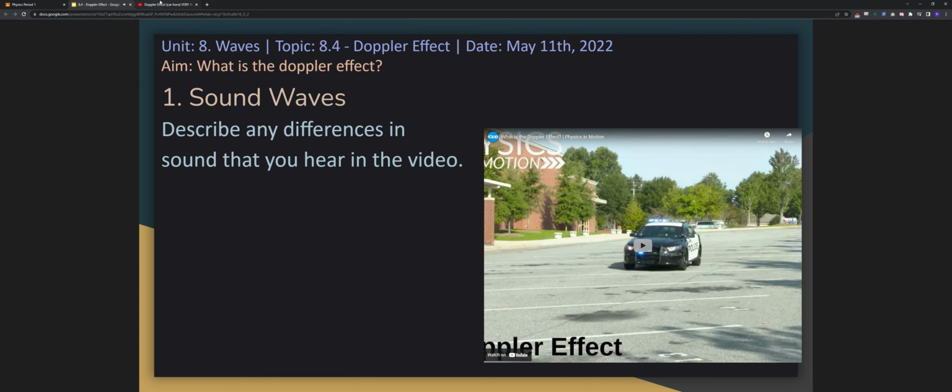You can hear some difference here. I'm not talking about the loudness of the sound, we're talking about the pitch. As it comes towards you, there's a high pitch, and as it goes away from you, it sounds like a lower pitch.